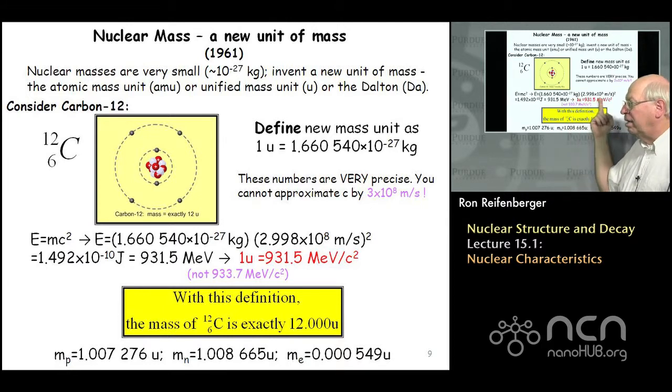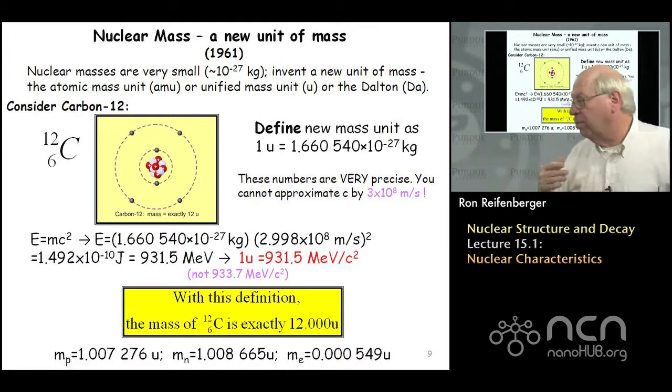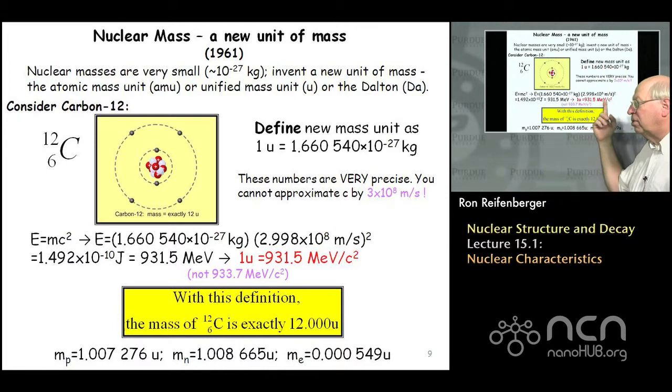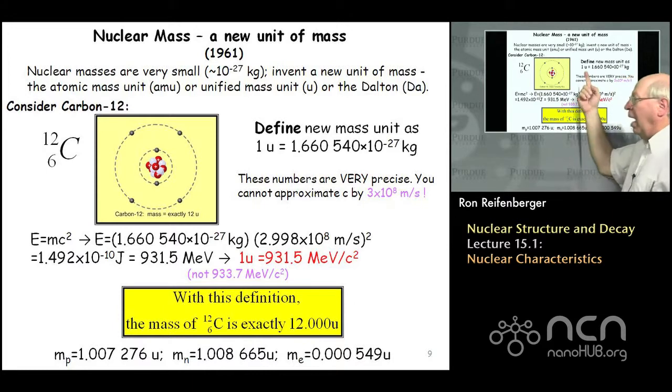And because these masses can be measured with very high accuracy, you have to be aware of this. So please use this conversion between mass units and electron volts, which is derived using this exact value for the speed of light.